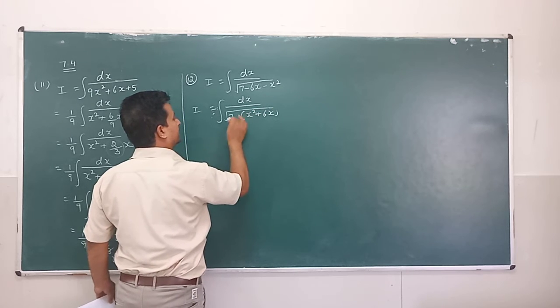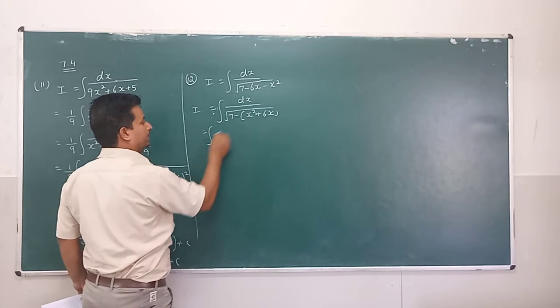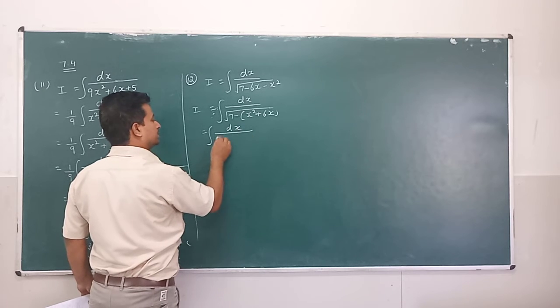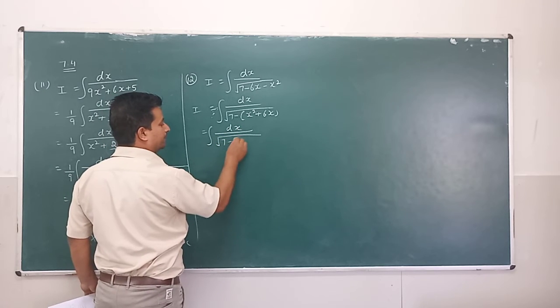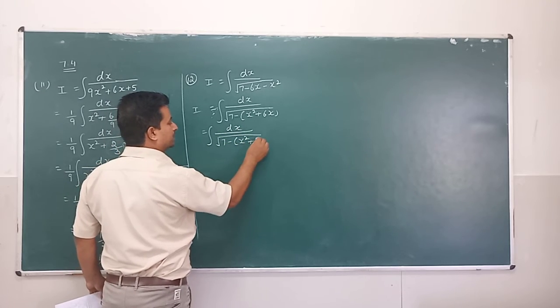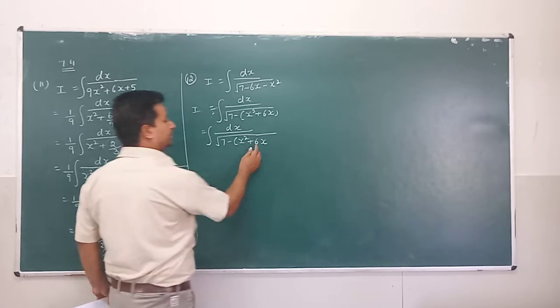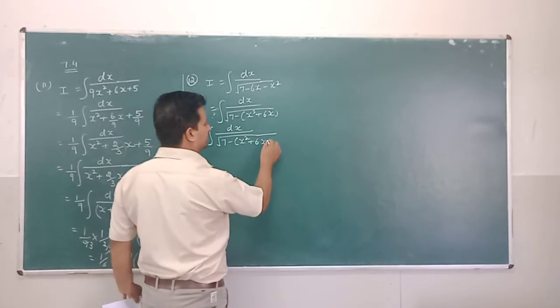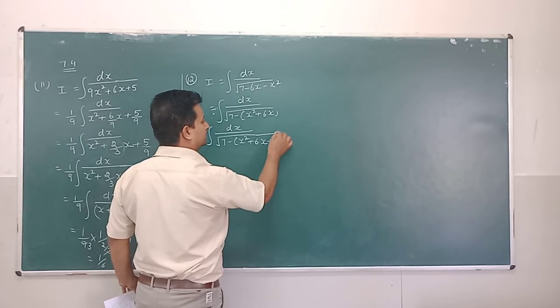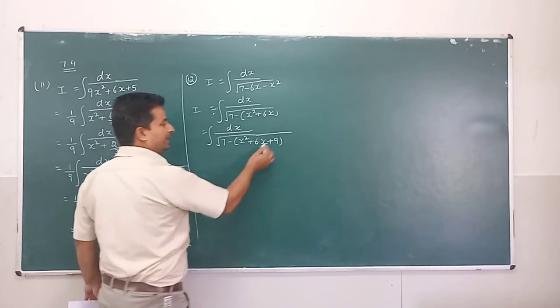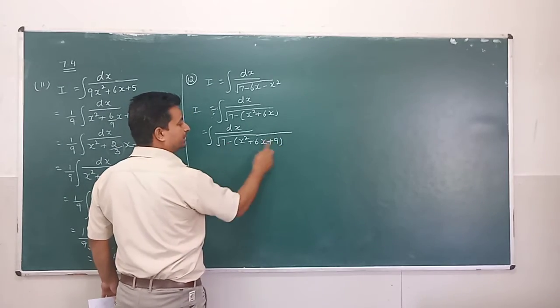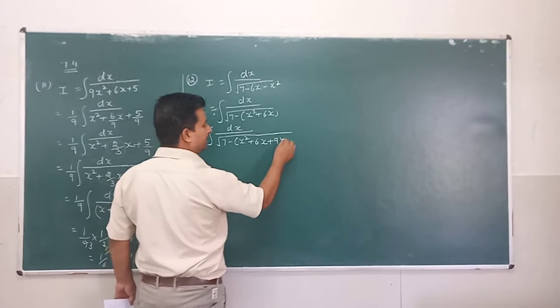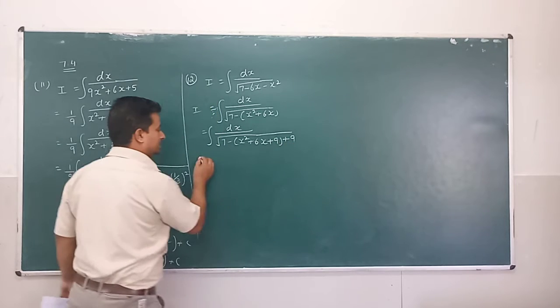For this, take minus common. After this, completing the square. For completing the square, coefficient of x is 6, its half is 3. So add 3 square, 9. When we add this and open this bracket, this is minus 9, so this is plus 9.